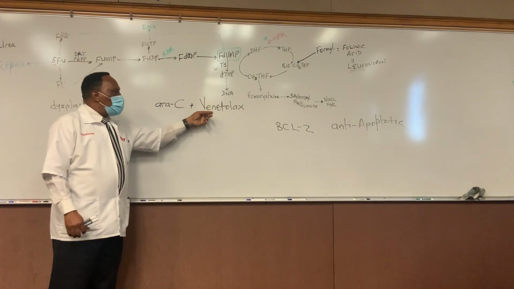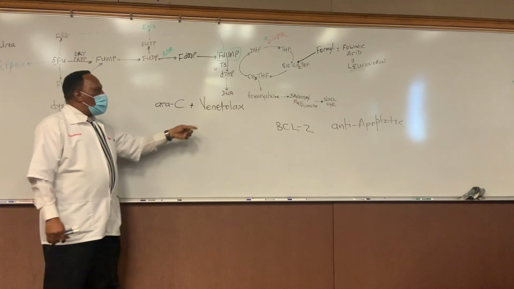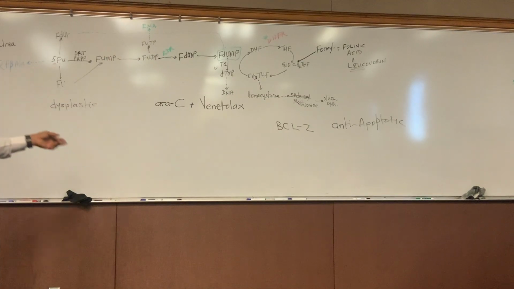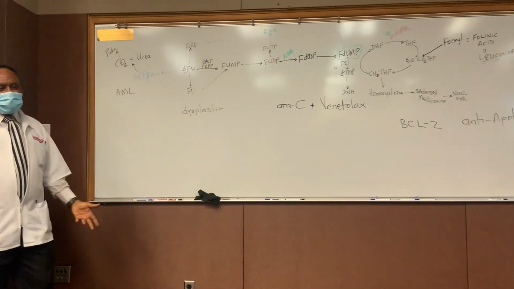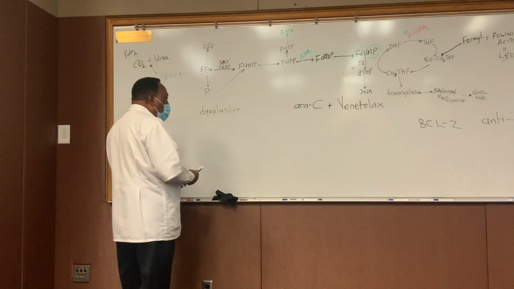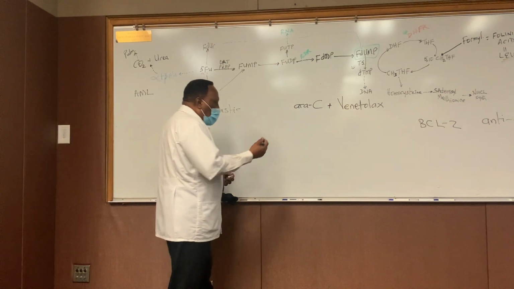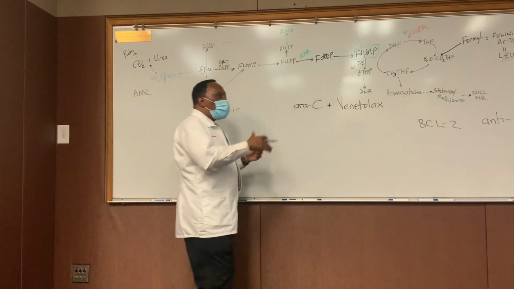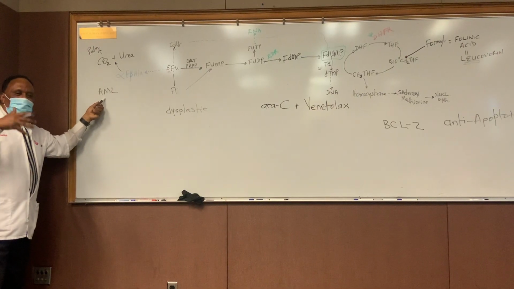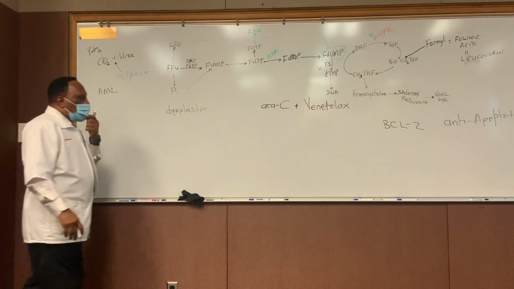So it can be used in combination with ARA-C, and venetoclax can also be used in combination with your azacitidine and your decitabine. You can use it that way. These are all for the management of acute myelocytic leukemia. These are different options you have.